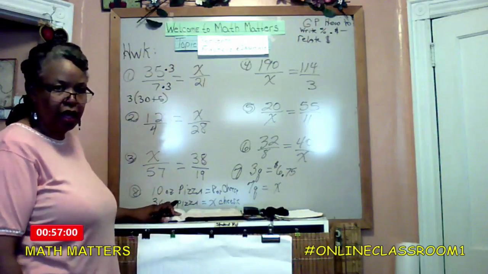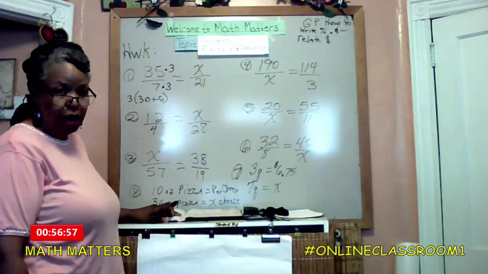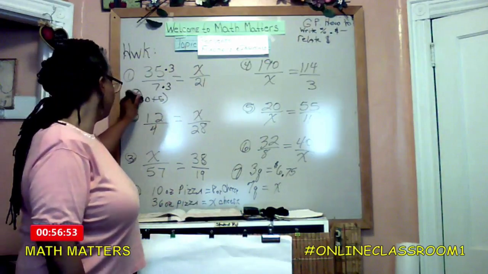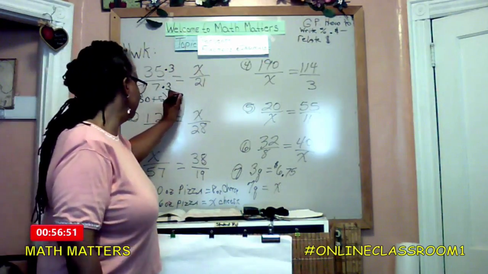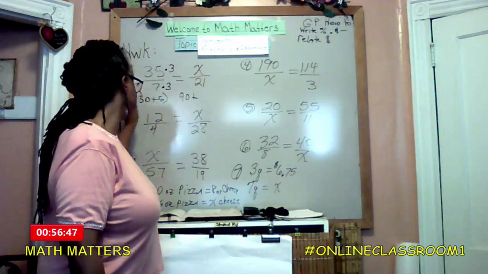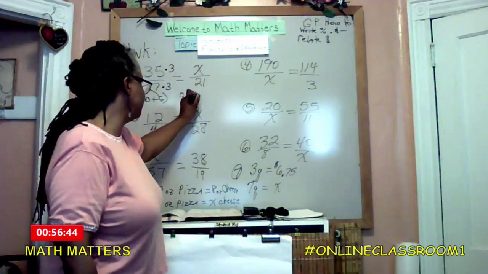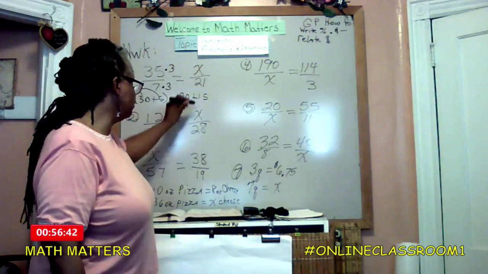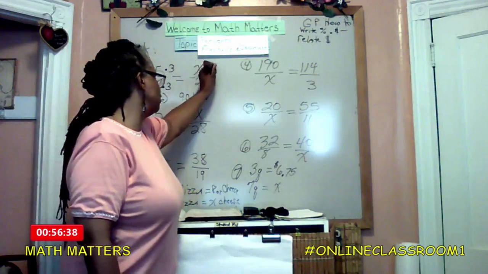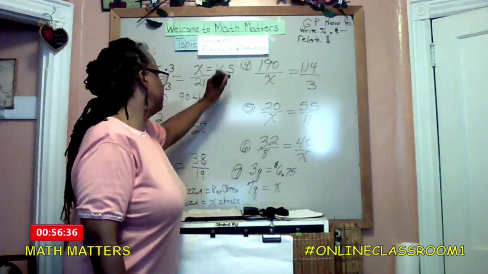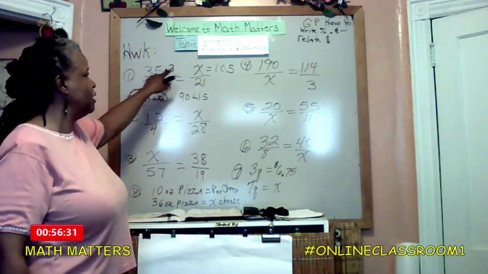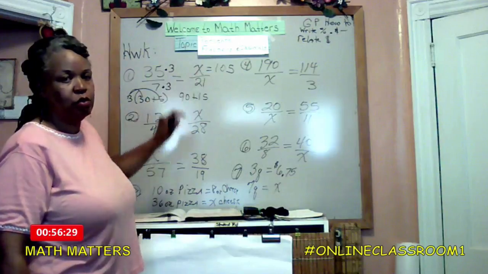You can multiply using the distributive property without mistake, I'm telling you. 3 times 30 is 90 plus 3 times 5 is 15. So the answer here is 90 plus 15, x is equal to 105. So 35 is to 7 as 105 is to 21.